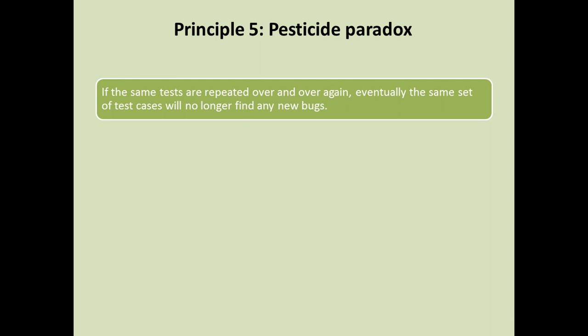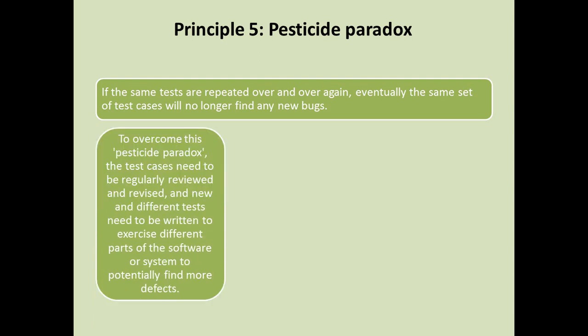So you need to change the pesticide to be more effective on those insects for the crop. Similarly, for test cases, you need to modify them again and again in order to find new bugs in the software. If the same set of test cases is repeated over and over again, you won't be able to find any new bugs in later cycles.